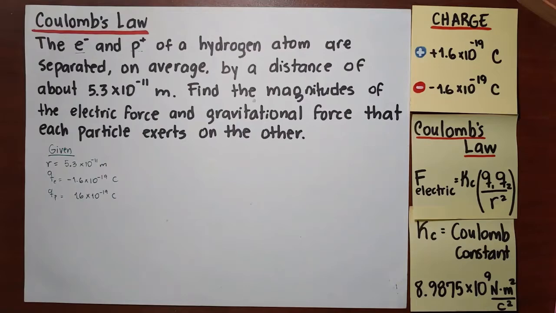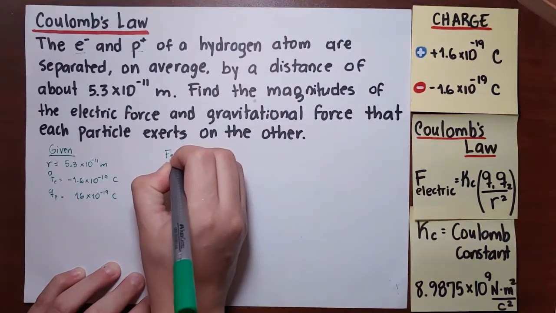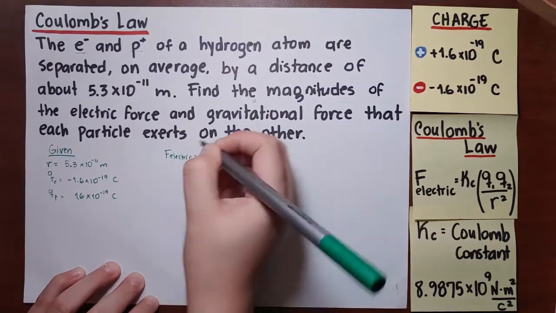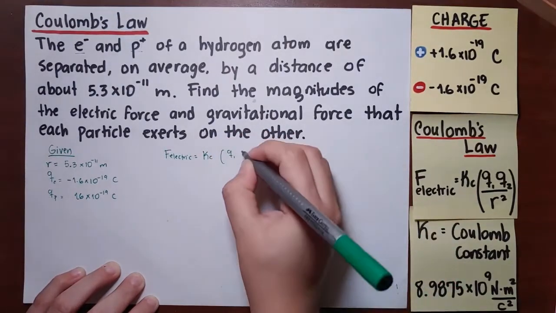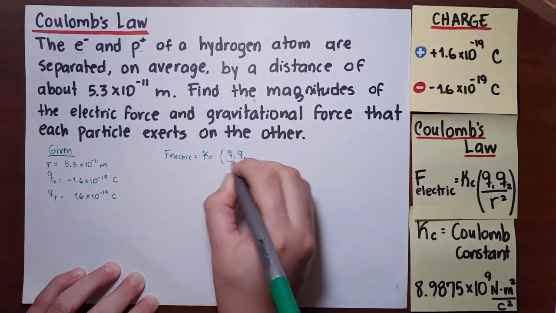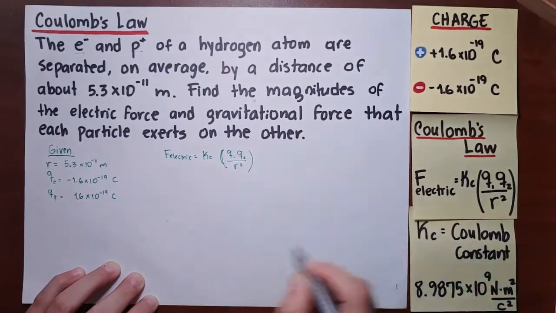Now, we need Kc. Kc is a constant, so it's not a big deal. So the electric force is equal to Kc, charge 1, charge 2, divided by the distance between those charges to the second power.